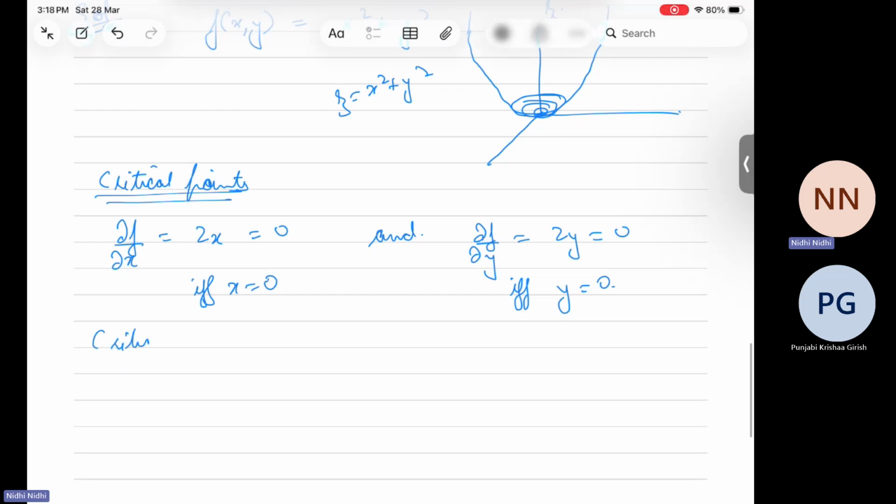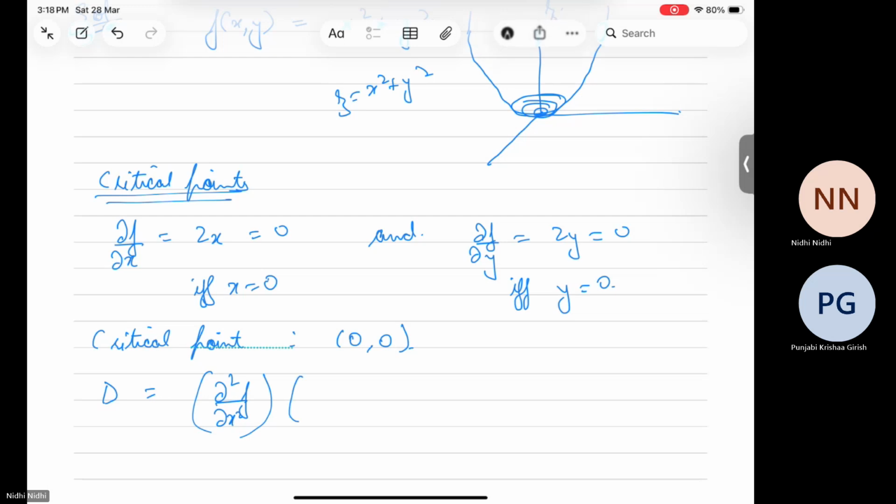So the critical point is just the origin. Now at (0, 0), let's evaluate D. What was D? D was del 2f by del x square times del 2f by del y square minus del 2f by del x del y whole square.